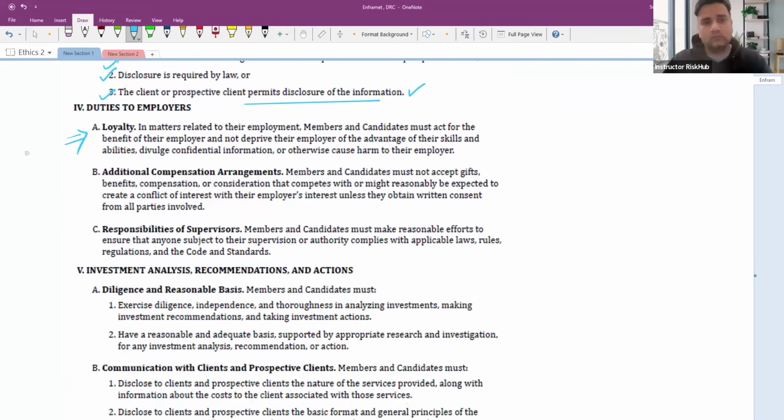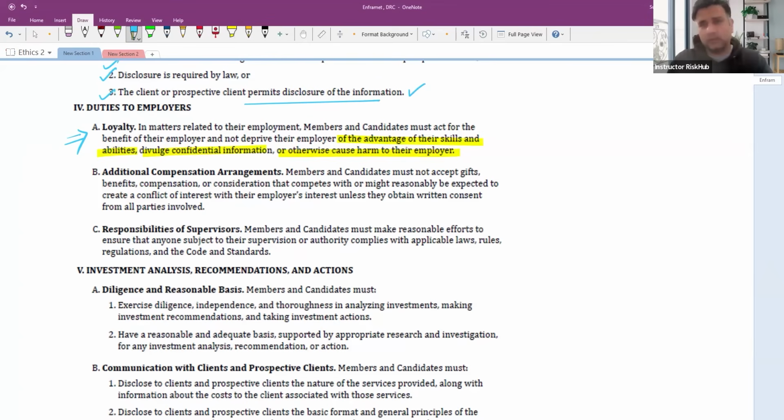Loyalty basically means that members and candidates must act for the benefit of their employers and not deprive their employers of the advantage of their skills and abilities, or divulge confidential information, or otherwise cause harm to the employer.